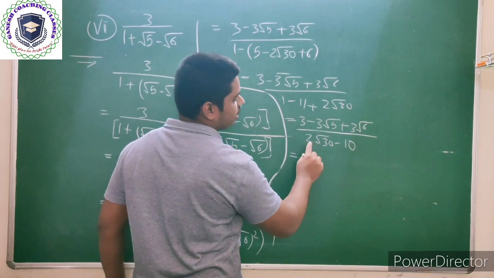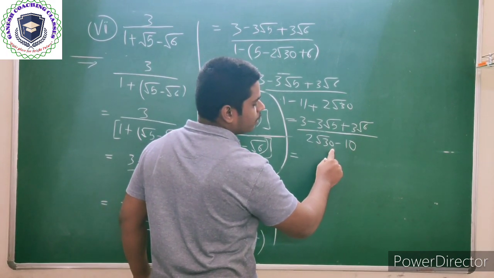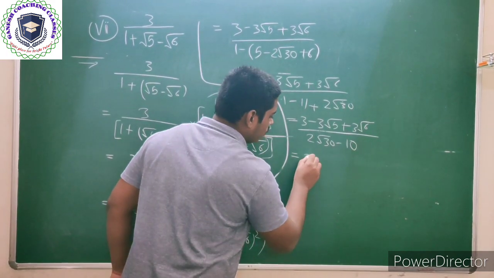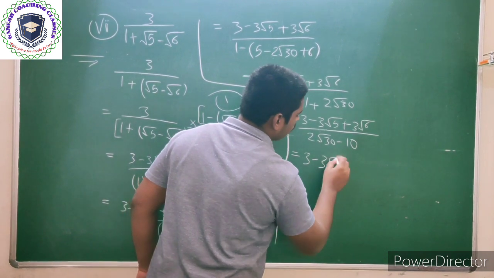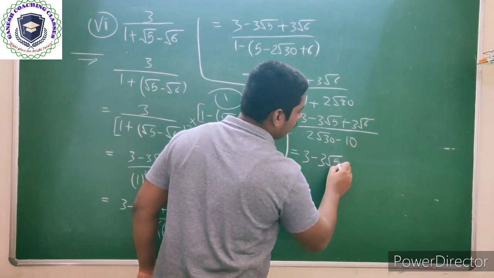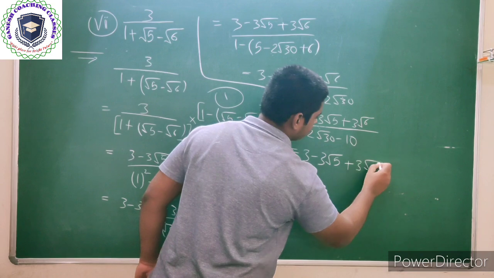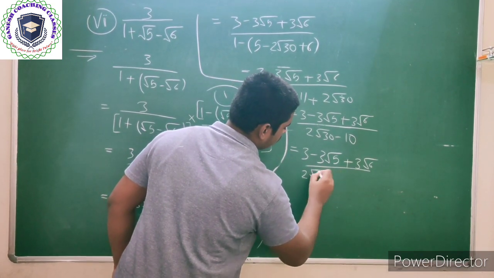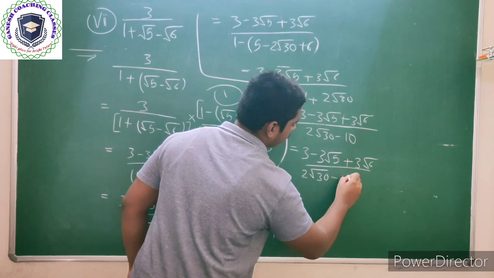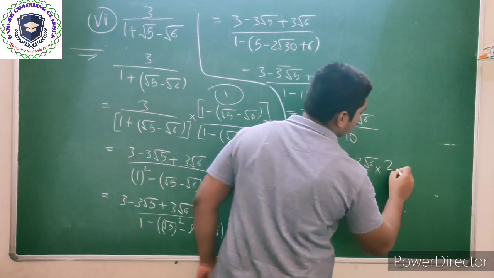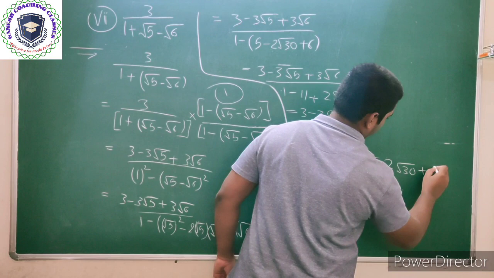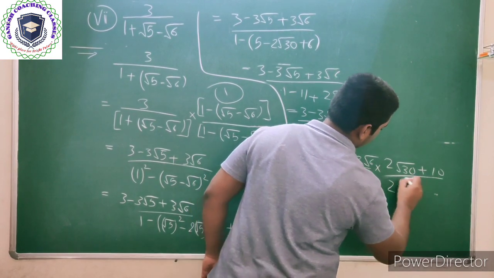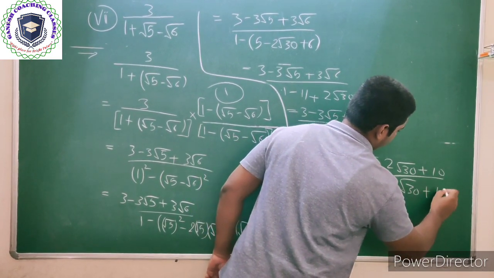What will be the conjugate here? 2 root 30 plus 10. So we multiply 2 root 30 plus 10 into the numerator as well as the denominator. So 2 root 30 minus 10 into 2 root 30 plus 10 upon 2 root 30 plus 10.